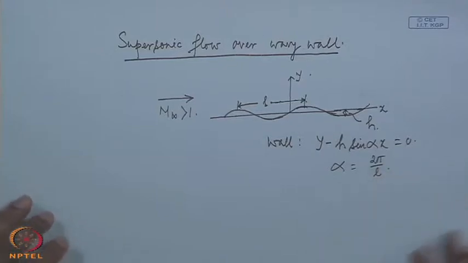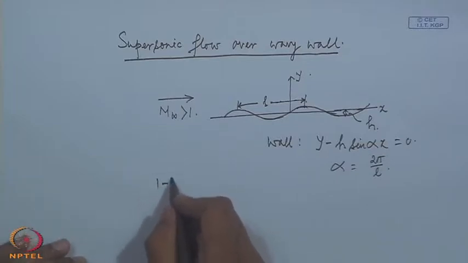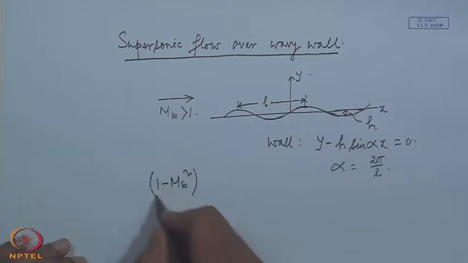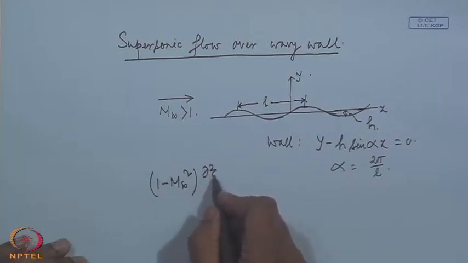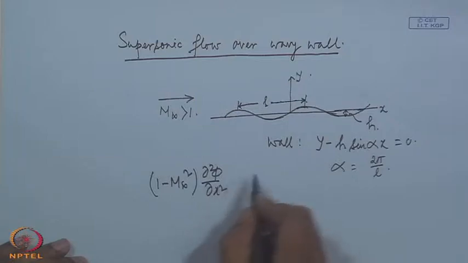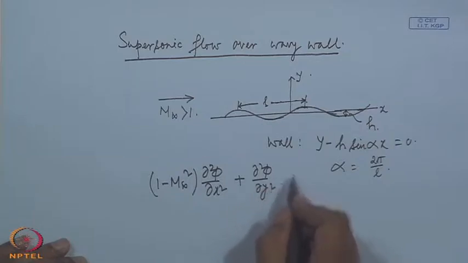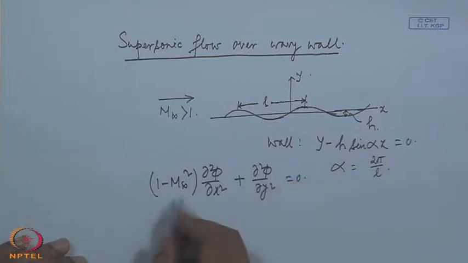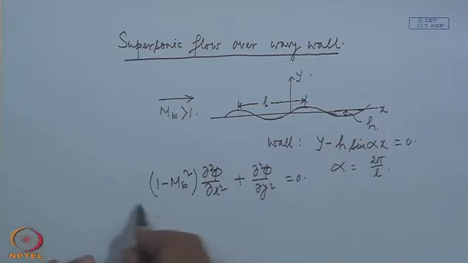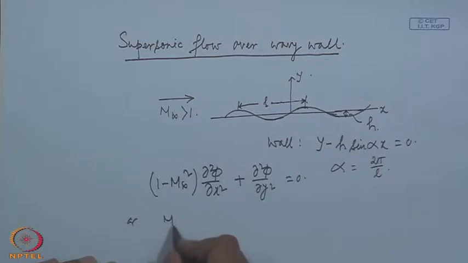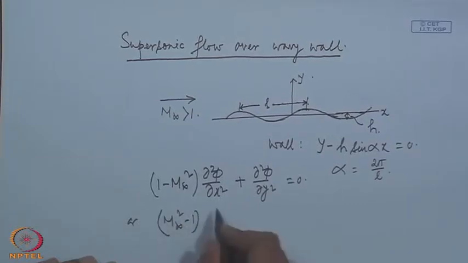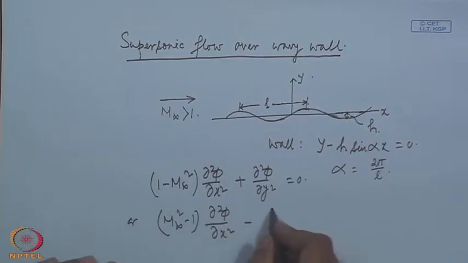The governing equation in this case is once again 1 minus M infinity square, or since 1 minus M infinity square is negative, we write this as M infinity square minus 1, d 2 phi d x 2 minus d 2 phi d y 2 equal to 0.